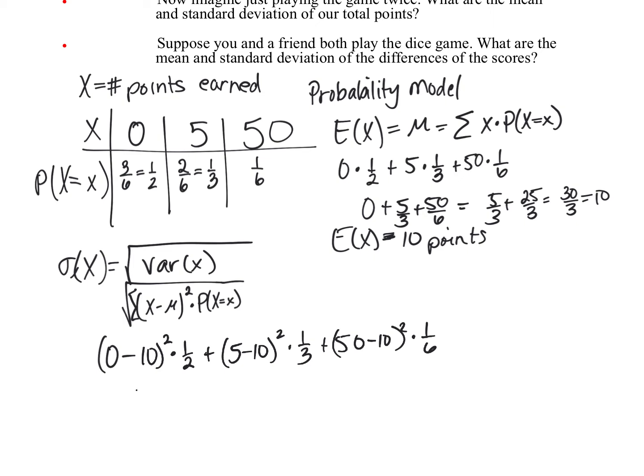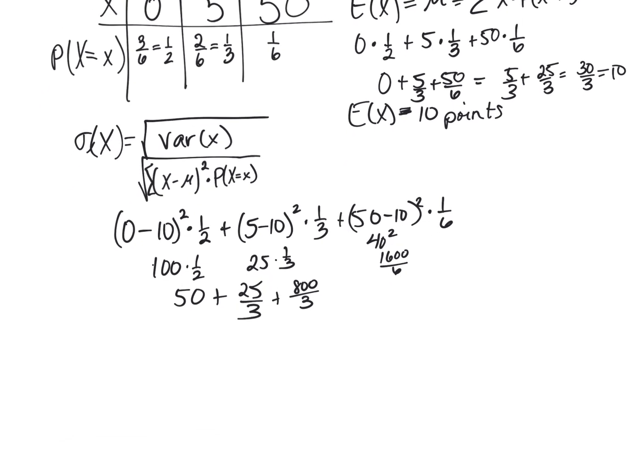So that's negative 10 squared, 100, times 1/2, that's 50. And negative 5 squared is 25 times 1/3, so that's 25/3. And then that's 40 squared, which is 1600/6, which reduces to 800/3. And then I can add that up.